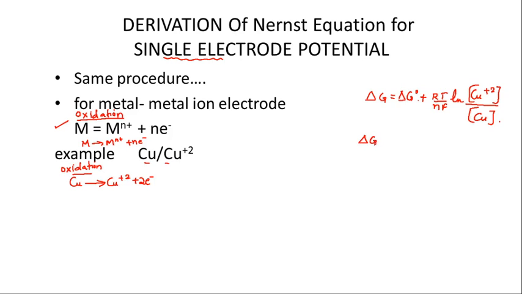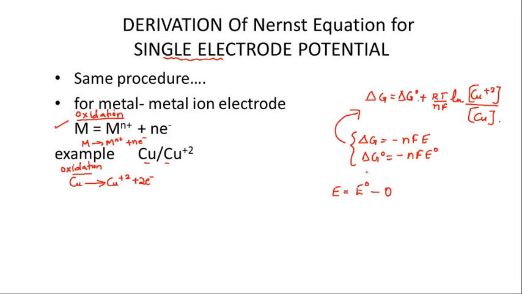You know delta G is equal to minus nFE, and you have delta G naught is equal to minus nFE naught. So substitute these two equations in the above equation, and then you have E is equal to E naught minus RT upon nF.